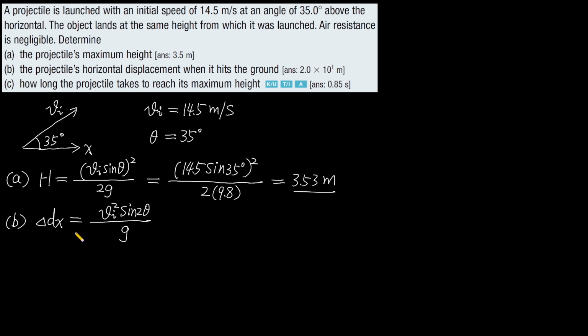This formula is also only for such a situation that the landing point is at the same height as its launching point. So we put values in this formula: 14.5 squared multiplied by sin 2 theta. Theta is 35 degrees, 2 theta is 70 degrees, and divided by acceleration 9.8.